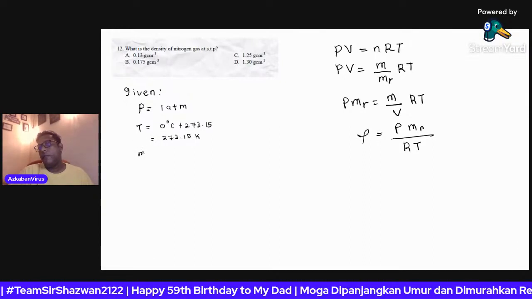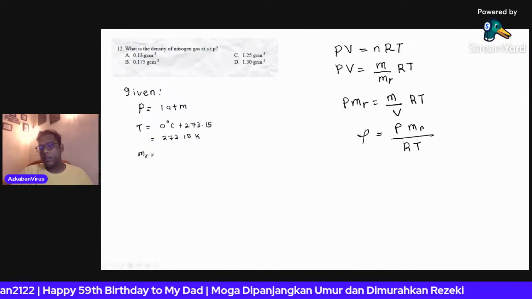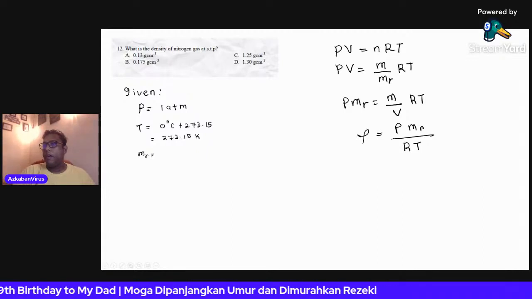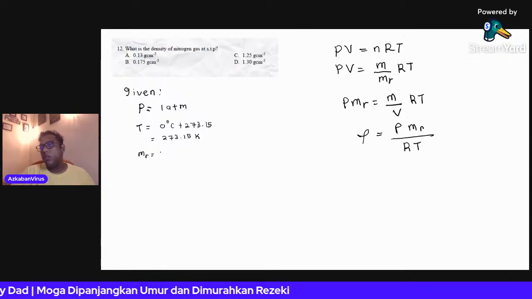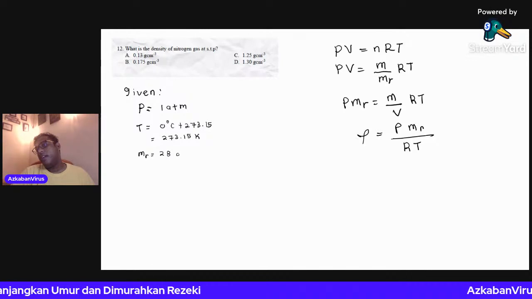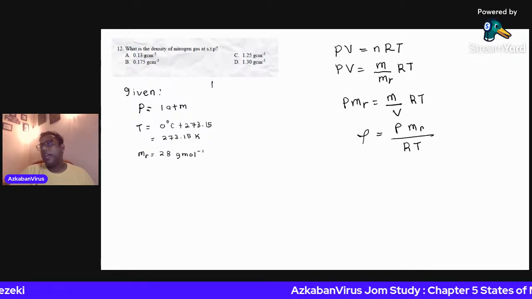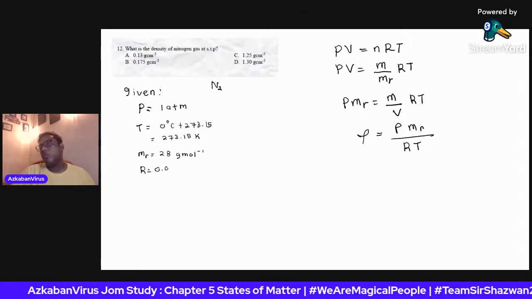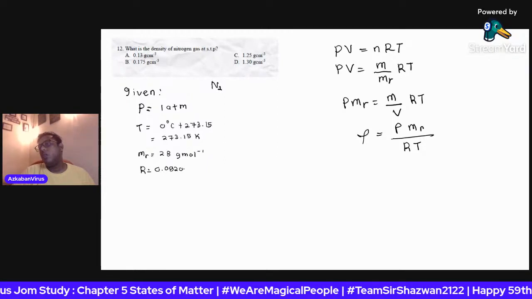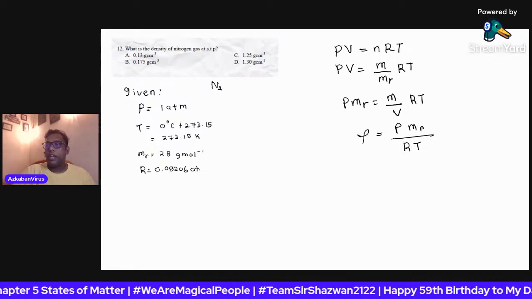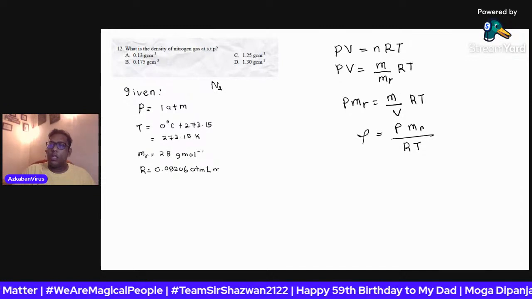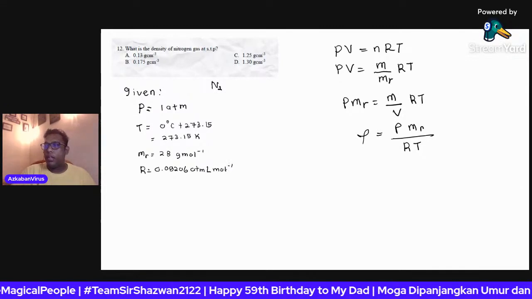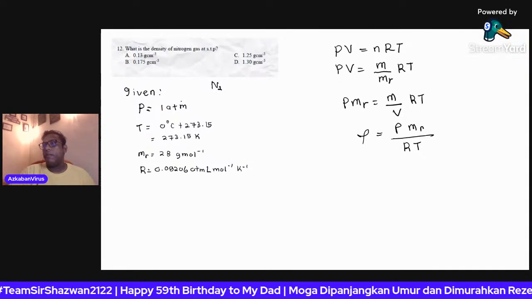M dia berapa? Okay, M dia adalah nitrogen gas, so 28 gram per mol. Kenapa 28? Sebab dia adalah N2. R kita berapa? R kita adalah 0.08206 atm liter mol negatif 1 K negatif 1.